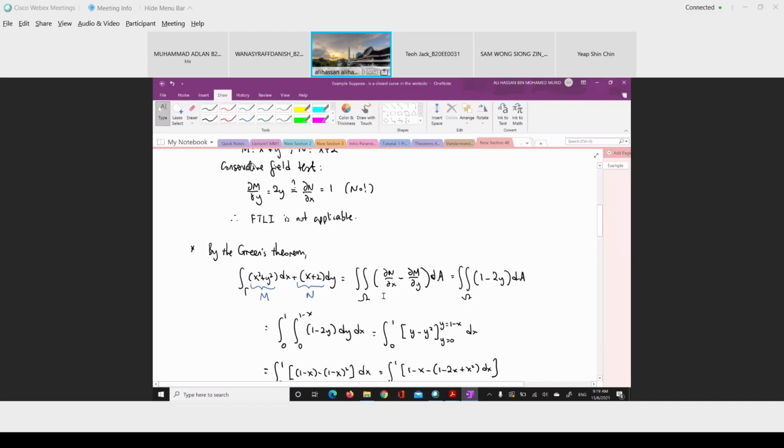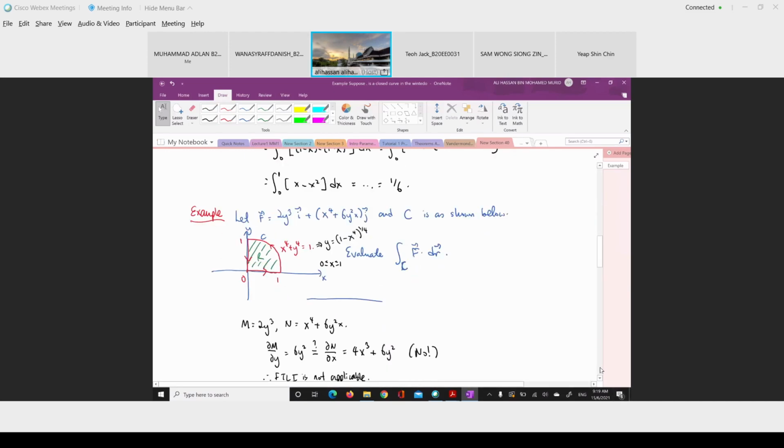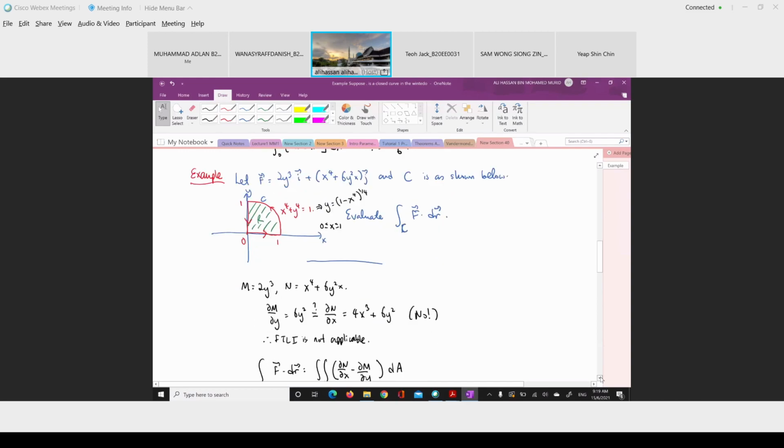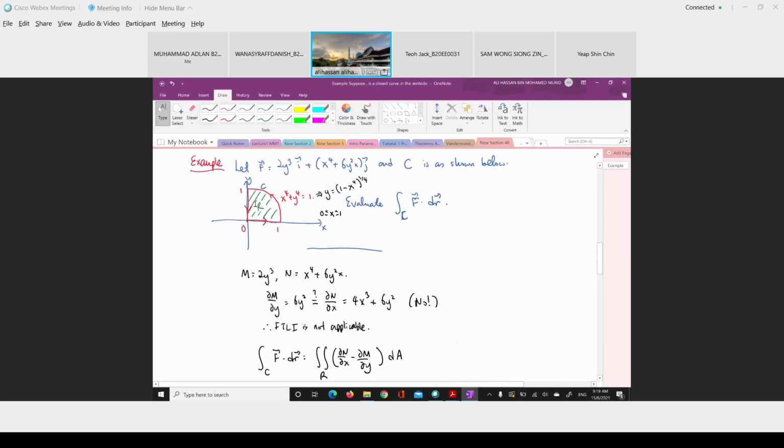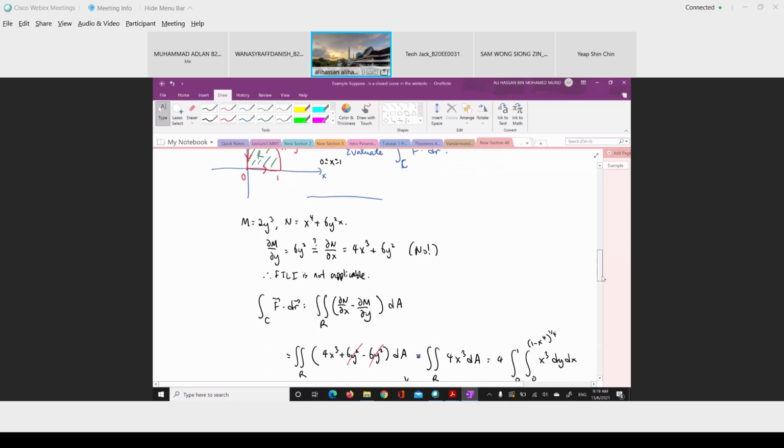And in this example, when we applied Green's theorem, 4x cubed is also continuous and well defined in the region R.